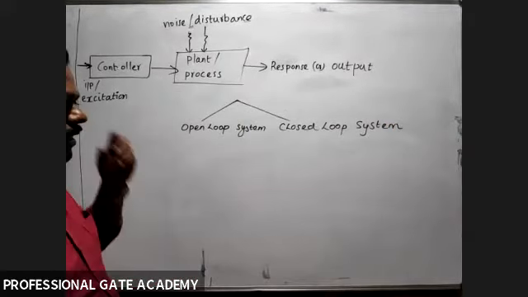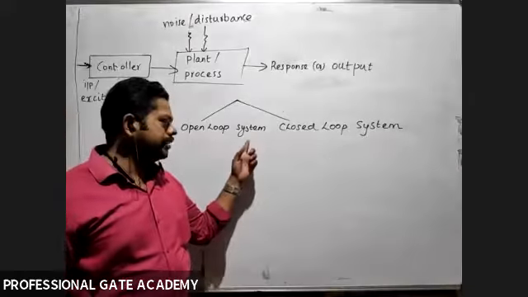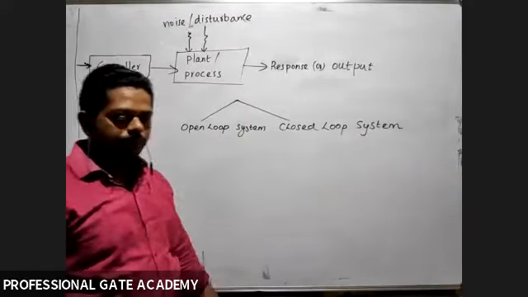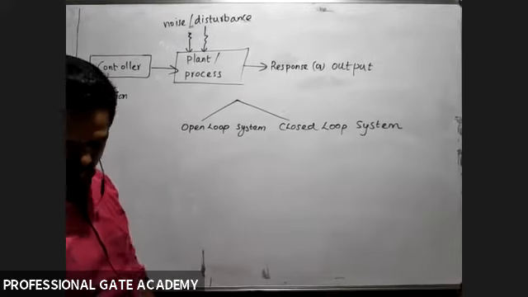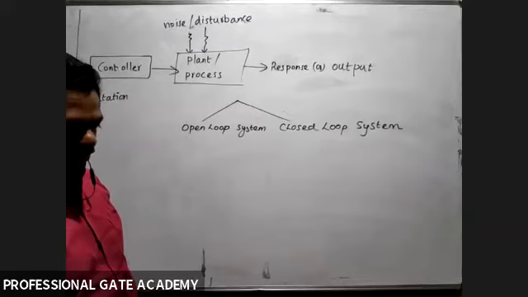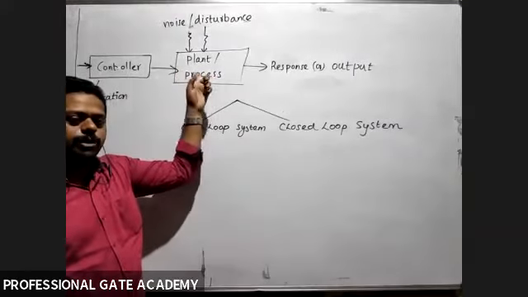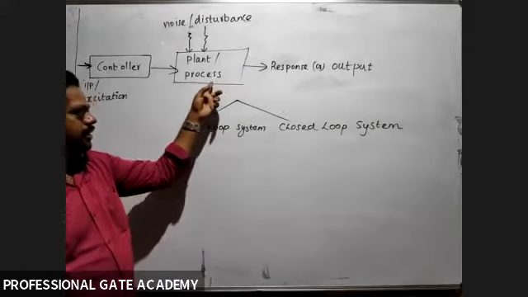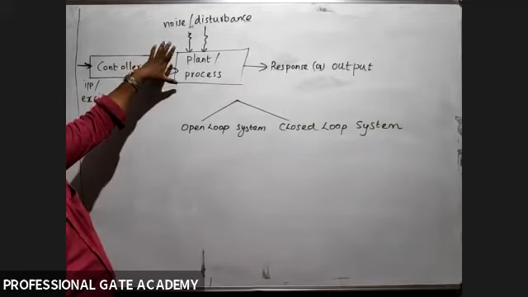So control systems are classified into 2 categories. The first one is the open loop system, and the second one is the closed loop system. So does this block diagram belong to an open loop system or a closed loop system? Open loop. Yes. Why? There is no feedback. So this block diagram belongs to the open loop system.